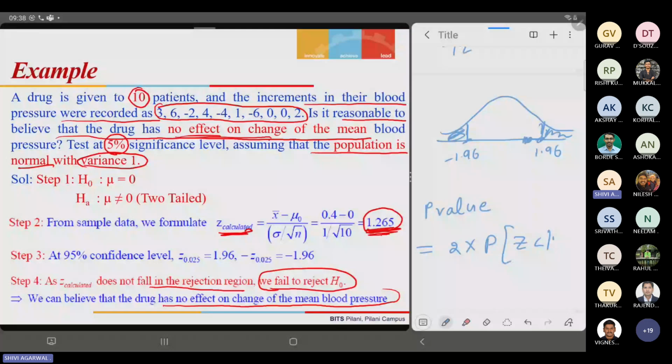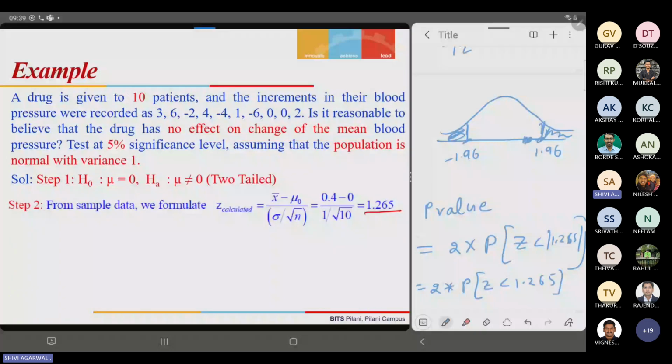So 1.265, which is the same as 2 multiplied by the probability when Z is less than 1.265. You can find it from the standard normal table.